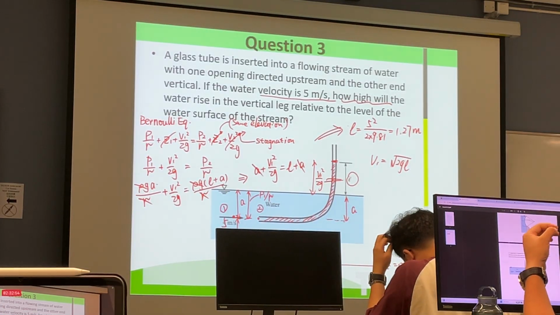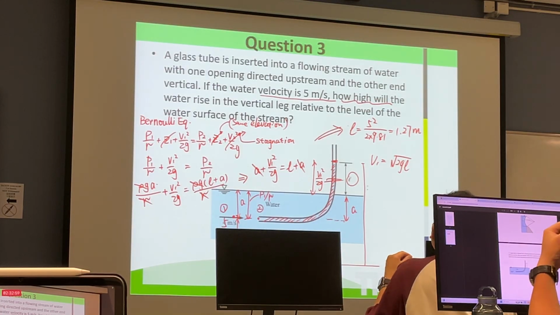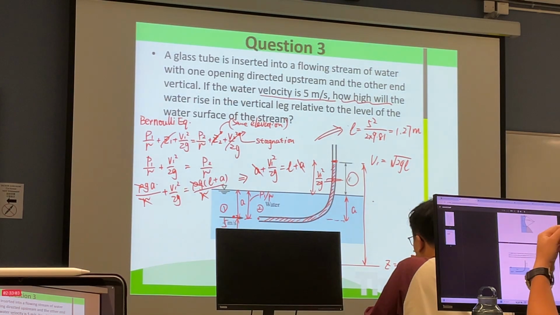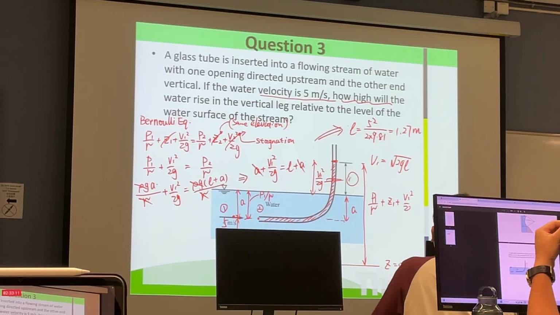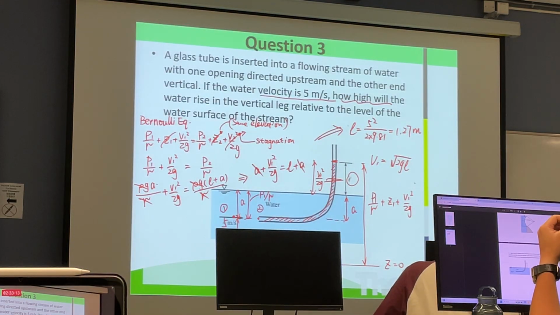the distance here, which actually represents P1 over gamma plus Z1 plus V1 squared over 2g, which is the EGL, the energy grade line level.